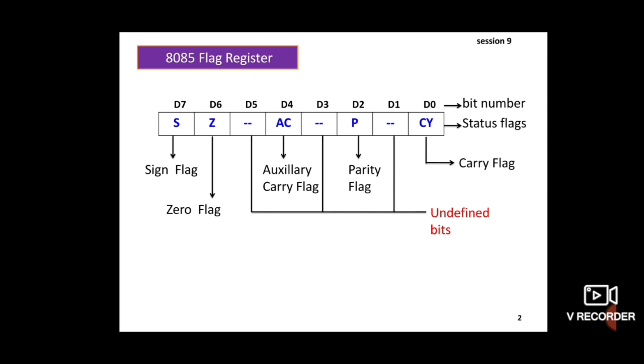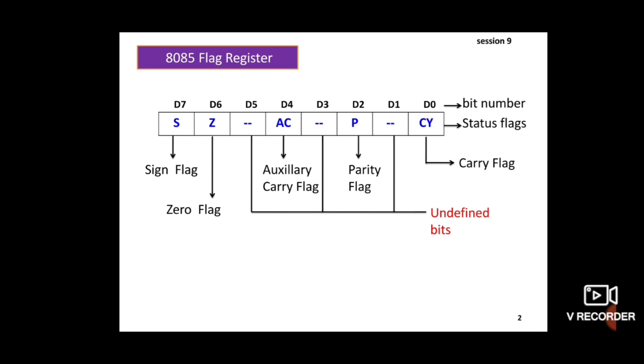See, at the 0th location the carry flag is there. At the second location, the parity flag. At the fourth location, the auxiliary carry flag. At the sixth location, the zero flag. And at the seventh location, the sign flag. And at D1, D3, D5 there is no status flag; these bits are undefined bits.